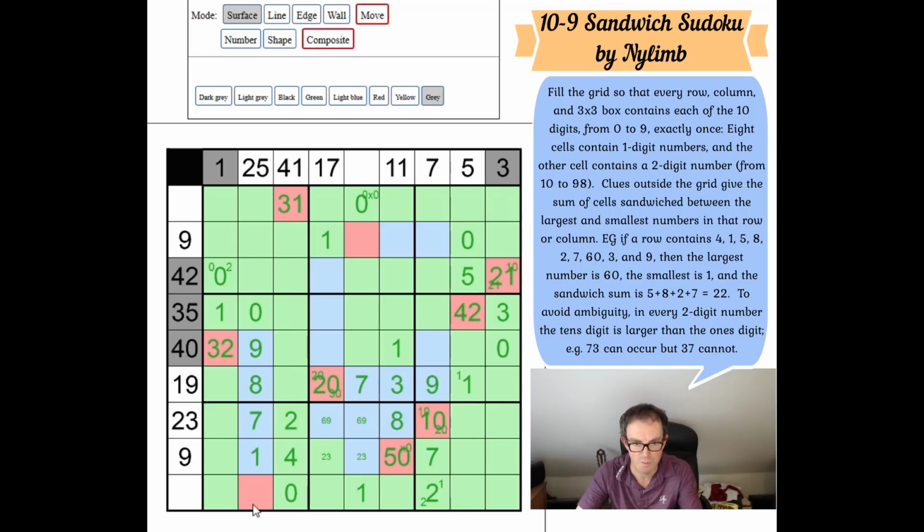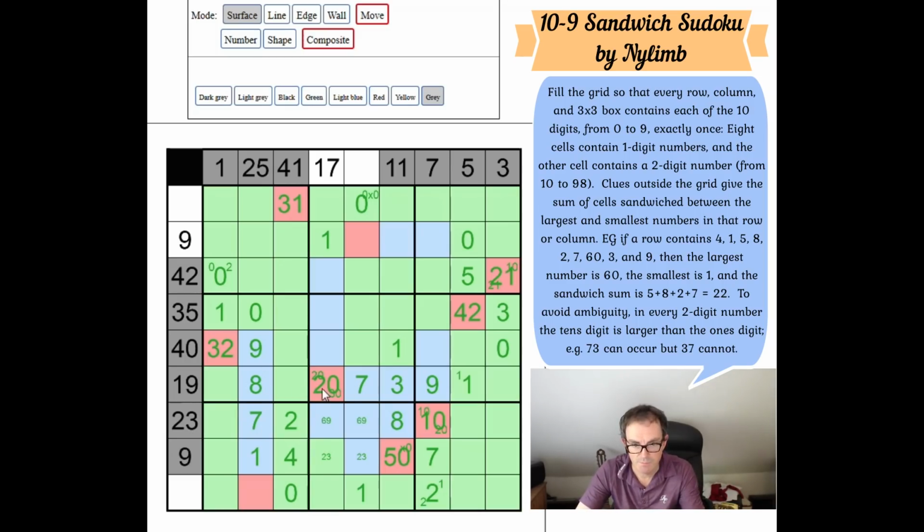Well, I've all but done it. I haven't done the boundary, but I've used the information inherent in the clue. Same here. I haven't used this one yet. Have used this one. I've used that one. I've used that one. Oh, I haven't used this one yet. I have used this one. I have used this one. And I have used this one.